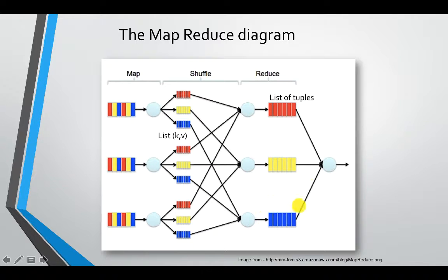At the end, what we have is a list of tuples, also in this case, that are produced by the reduce function, and the reduce function normally takes the input data that are tuples and aggregates, joins, elaborates the data sets in input to produce a list of output.